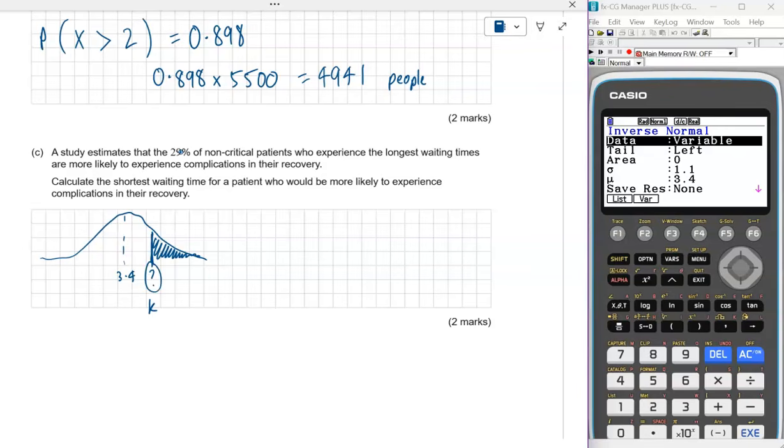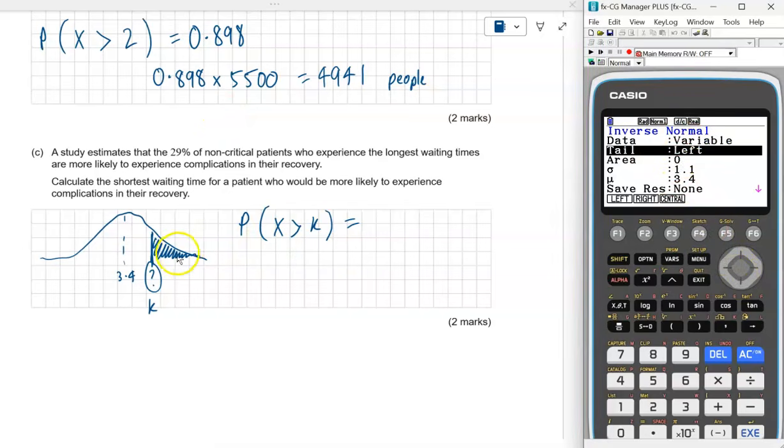What is that quantile we call K, all right? So the notation that we'll be using here is the probability that X is greater than K is equal to what? On our graphics calculator, our tail will be on the right, as we can see here. So change that to the right. We're working out the area for 29%, so 0.29.